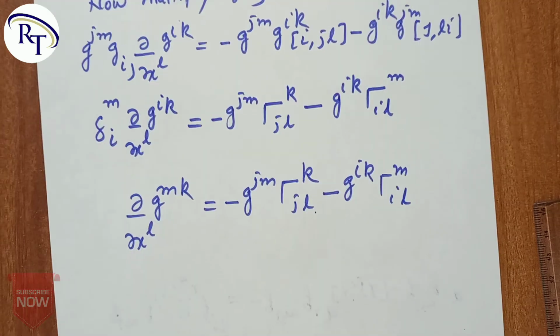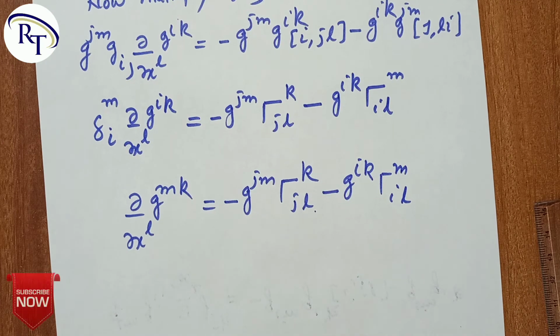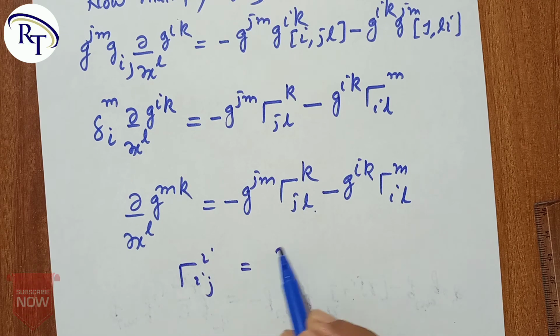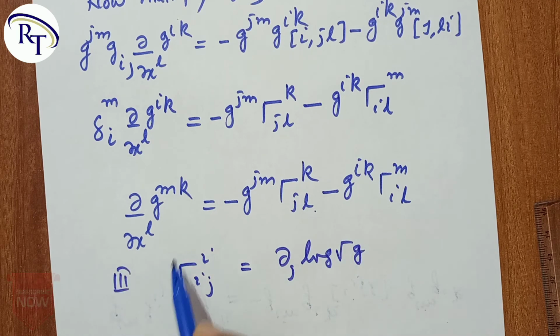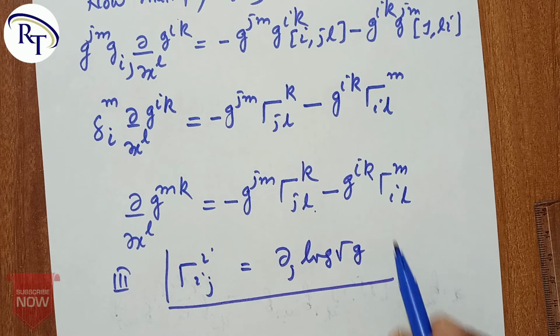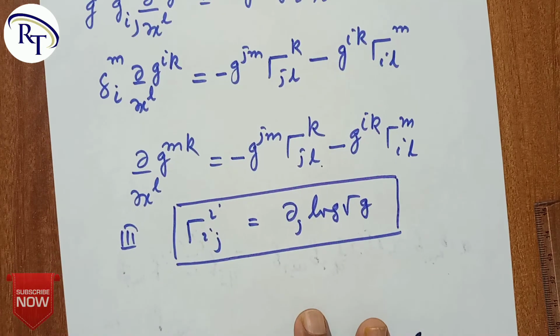Now we shall prove the last result, that Γ^i_ij equals ∂_j log √g. This is the proof of the third result, and the proof is very easy.